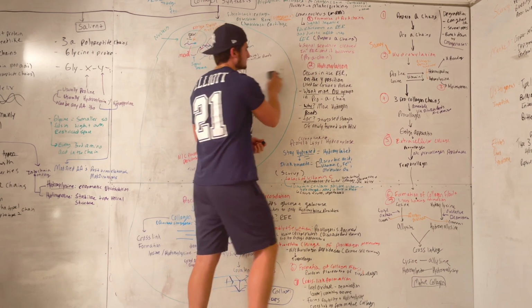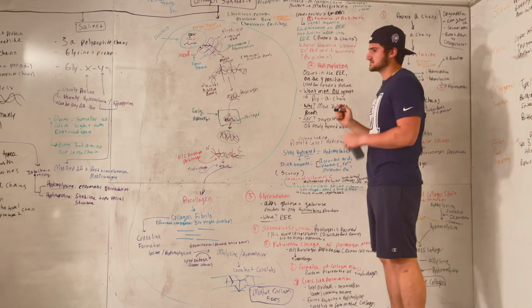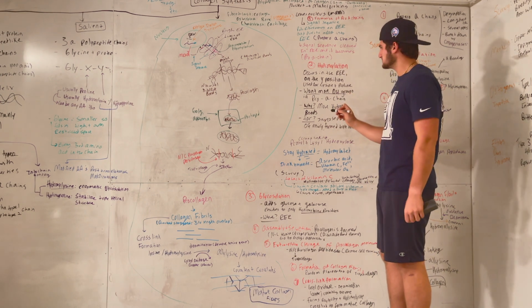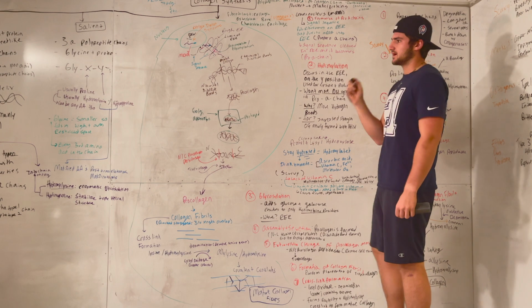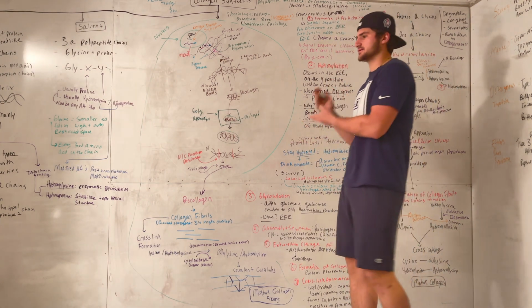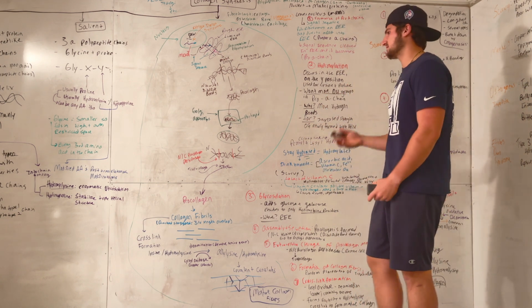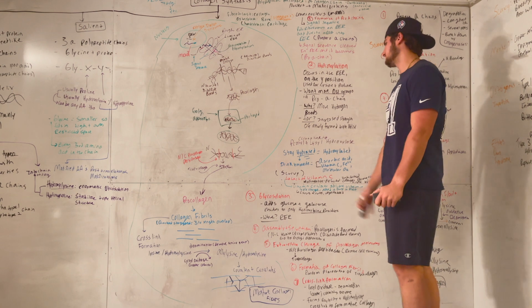The amino acids are lysine or proline. Why lysine or proline? Because the Y position makes up hydroxylysine or hydroxyproline. So if you hydroxylate it, you're making hydroxylysine and hydroxyproline.